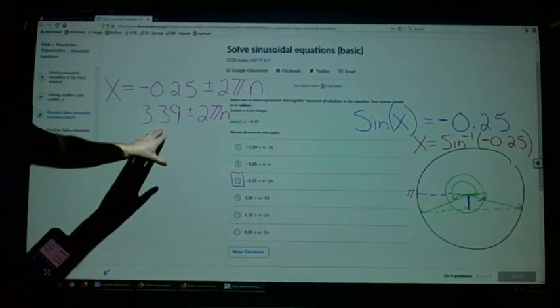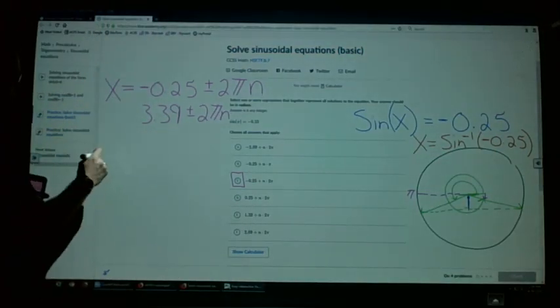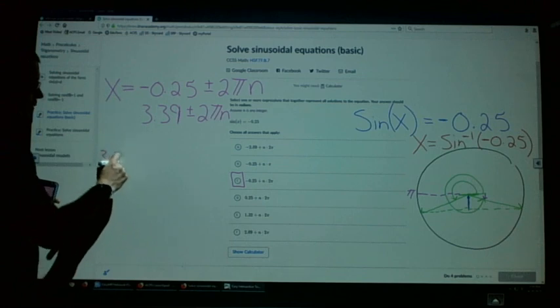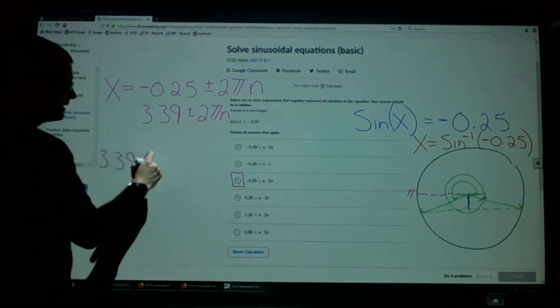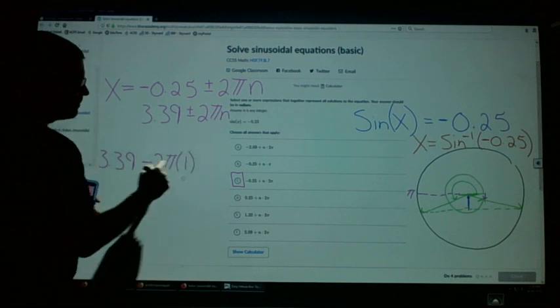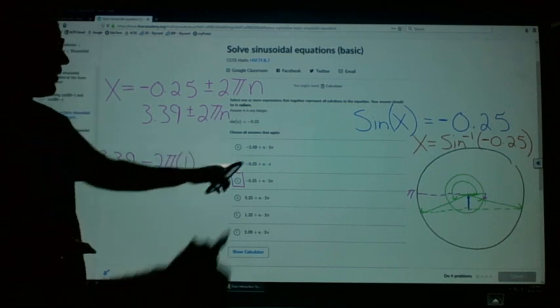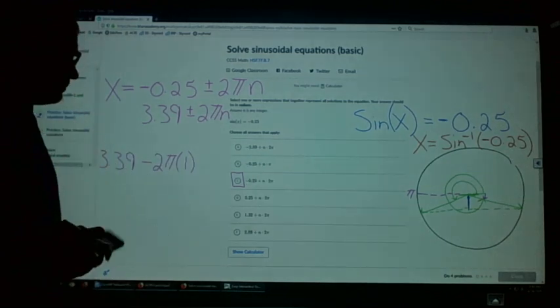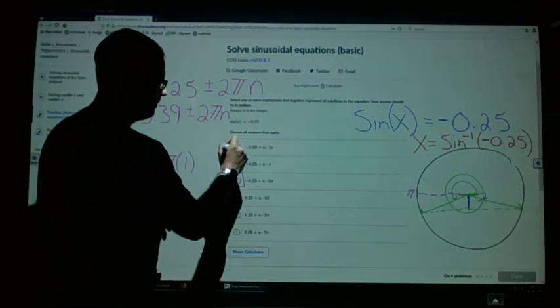So in fact, if I do 3.39 minus 2 pi one time, I end up with this one, negative 2.89, plus or minus 2 pi.